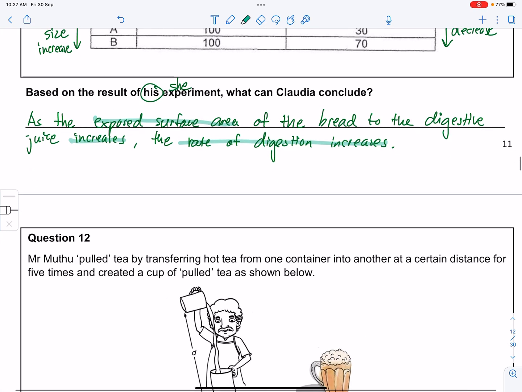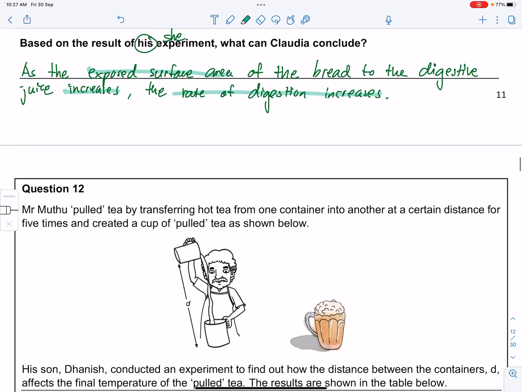Okay, moving on, question 12. Mr. Moto pulled tea by transferring hot tea from one container to another at a certain distance for 5 times and created a cup of pulled tea. Just in case you didn't know, pulled tea in the local Singapore culture is known as teh tarik. Okay, tarik is to pull.